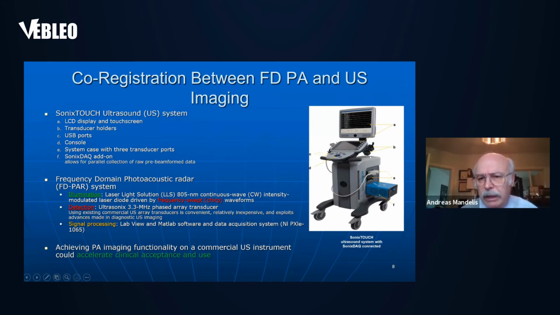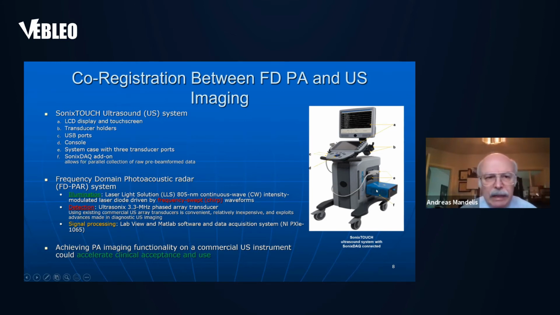This is an ultrasonic imager that's marketed by Sonics Touch. This is a biomedical ultrasonics imager that you can use in a hospital, and it basically has an LCD display and touch screen, transducer holders, all sorts of different things, so that you actually have your transducers right there, ready for your use. And then you have the Sonics Touch, this blue box, and the blue box is a Sonics DAC add-on.